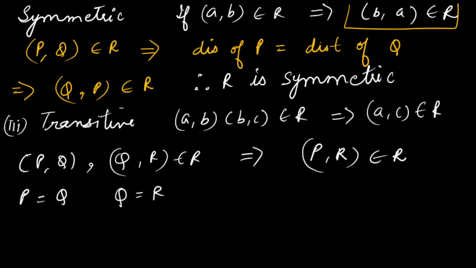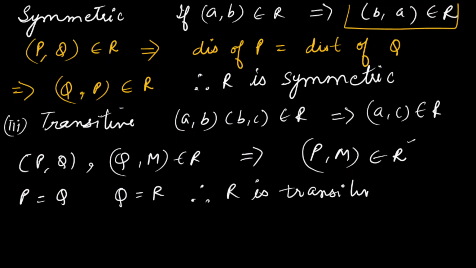So this R is different. This R is the R of the relation, so we can take some other point, M, because you might get confused. Therefore, relation R is transitive.